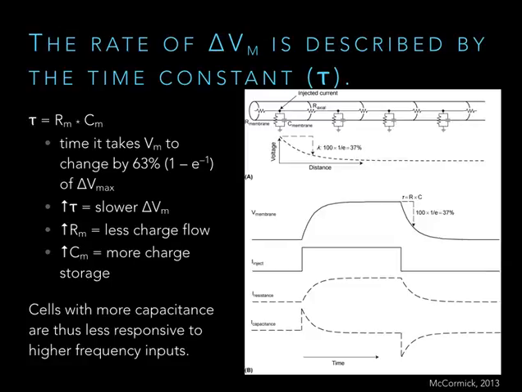It'll take longer then to reach your maximal change in membrane potential. And this is why bigger cells respond more slowly. So the size of the cell can affect the frequency of input that it responds to. It has everything to do with the time constant. It's just membrane resistance, membrane capacitance.